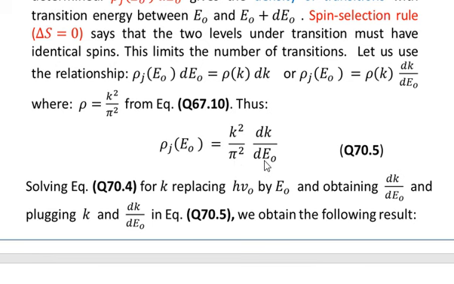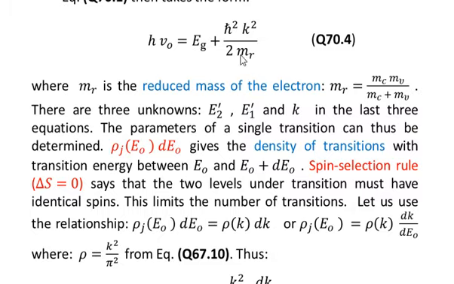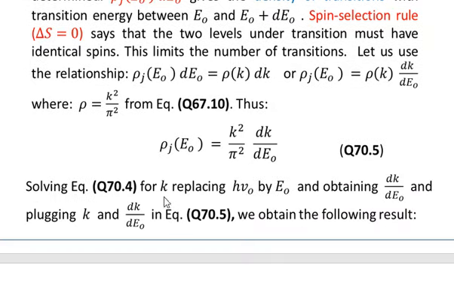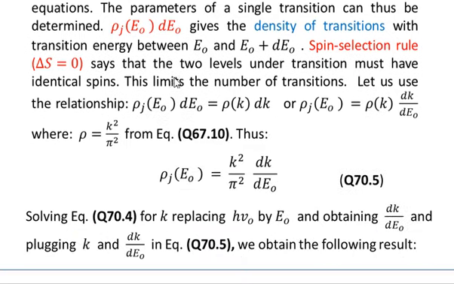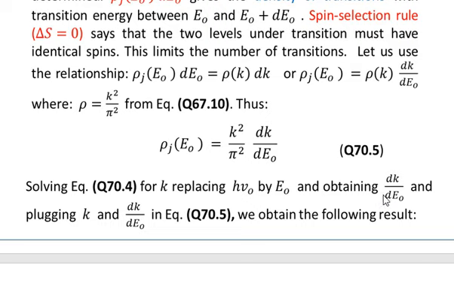So this is equation number 5. Solving equation number 70.4, that is this equation, for the value of k, and replacing h nu naught by E naught and obtaining dk over dE naught.